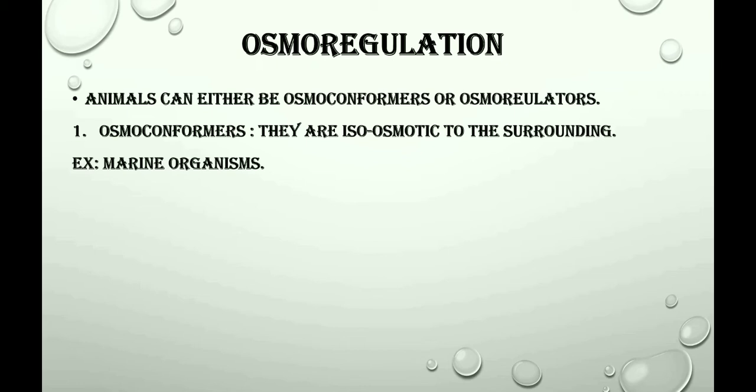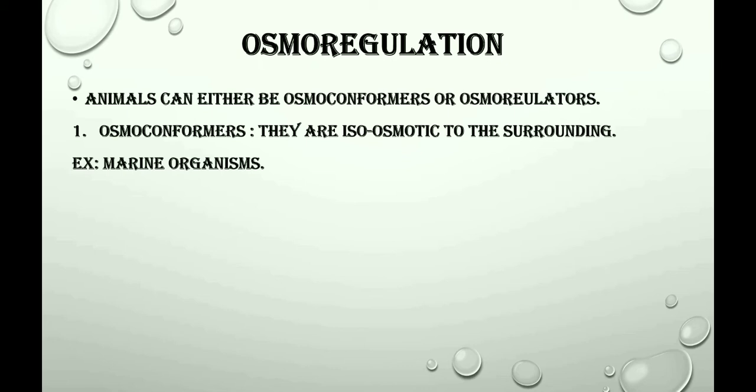If I say the word isoosmotic, that means whatever the changes of temperature take place in the surrounding area, according to that environment, such animals change their internal environment. So they are osmoconformers. Example, certain marine organisms.